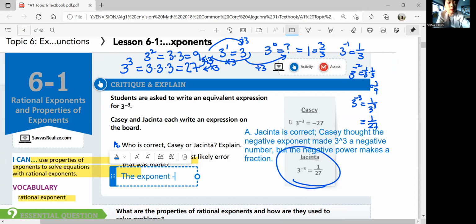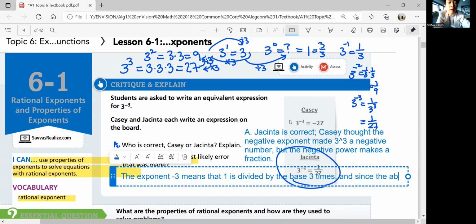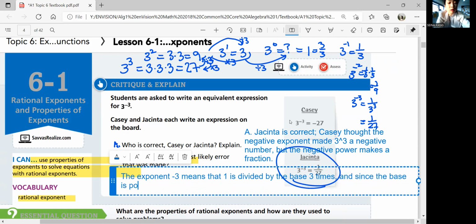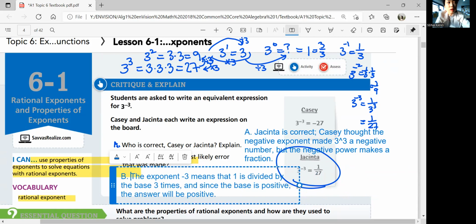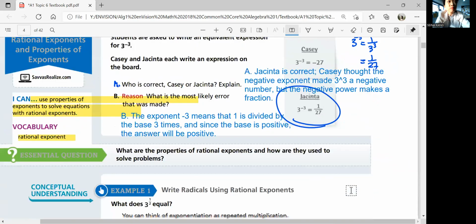This is a very common mistake, guys. Since the base is positive, the answer will be positive. If you remember this, it's hard to make a mistake in exponents.